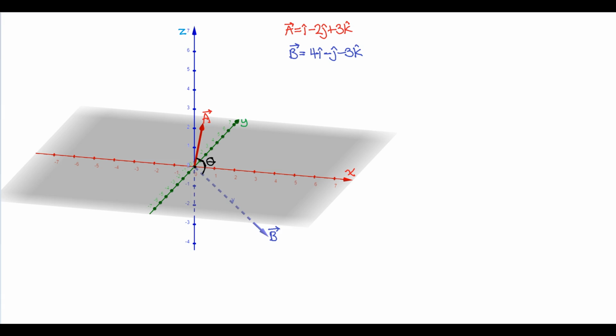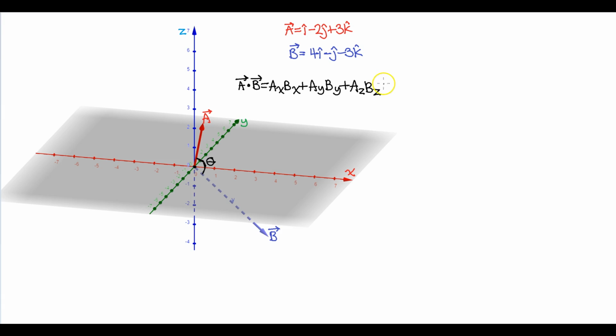First, we want to find the dot product of these vectors. So A dot B is equal to AX times BX plus AY times BY plus AZ times BZ.